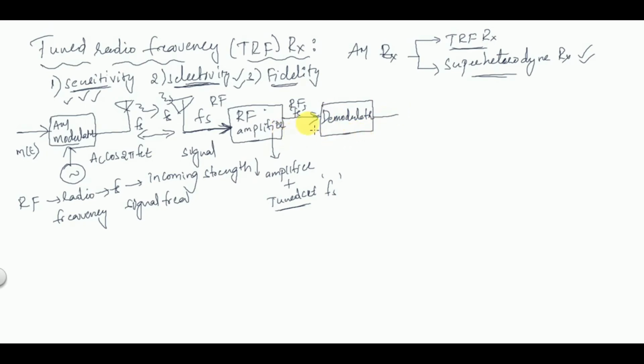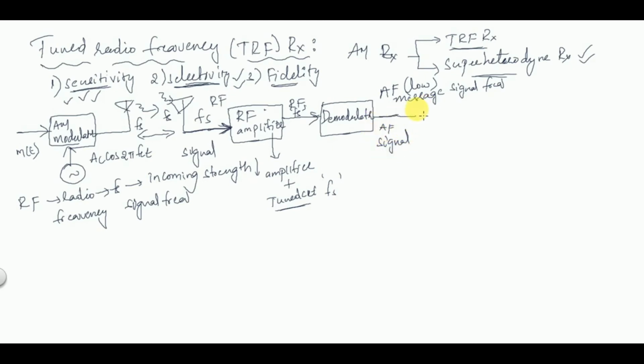The demodulator performs the inverse operation of the modulator, that is, the modulated signal, which is a high frequency signal, is converted into the audio frequency range, that is, a low frequency signal, which means the message signal frequency. That will be the output. So here the output will be an AF signal. The RF signal is converted into an AF signal by the demodulator.